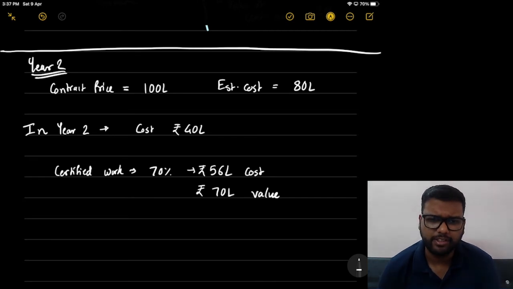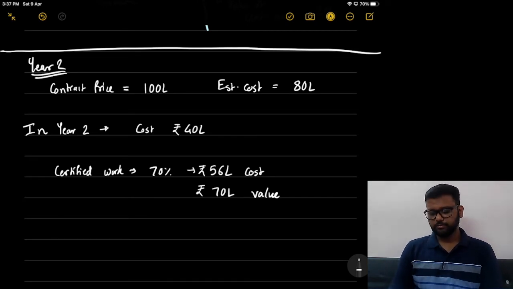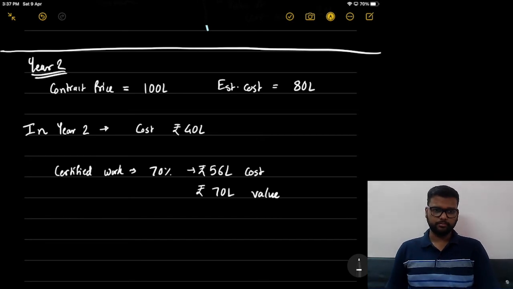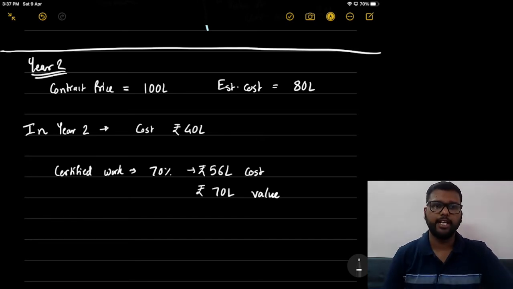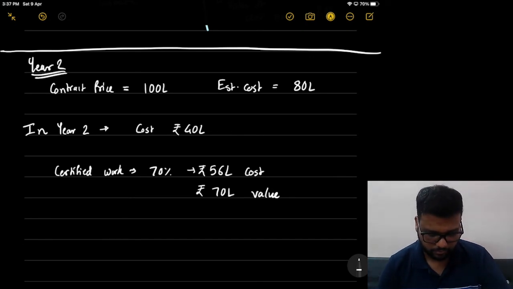Just logically, then we'll go to the P&L, that is the contract account. 14 lakhs. Okay, anyone else? Yes, sir, 14 lakhs.